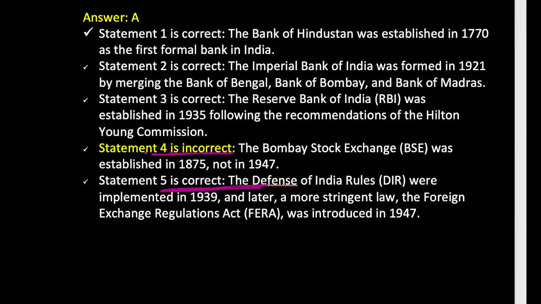And when it comes to statement 4, Defense of India Rule was the name of that particular one, and even through those rules or set of guidelines, we used to manage many businesses related to conservation, including conservation of forex reserve also. So that gets included in this.